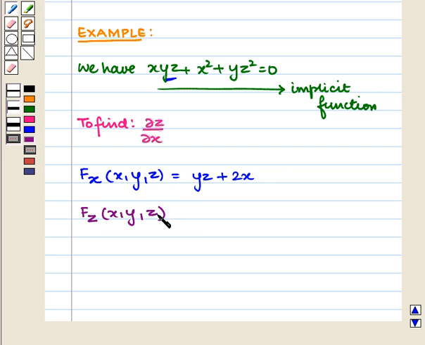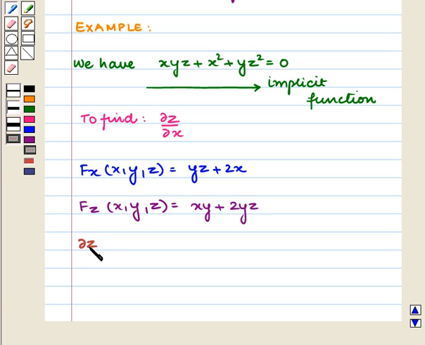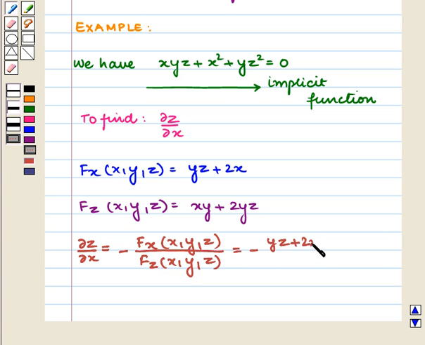We get f sub z of xyz will be equal to xy plus 2yz. So, del z by del x is equal to minus of f sub x of xyz upon f sub z of xyz equal to minus of yz plus 2x upon xy plus 2yz.